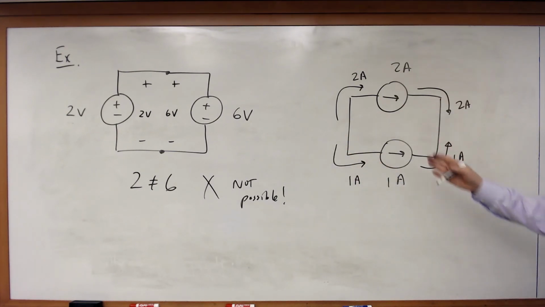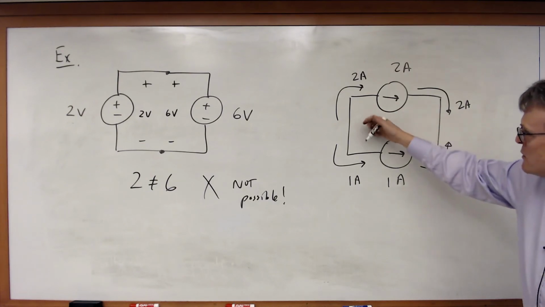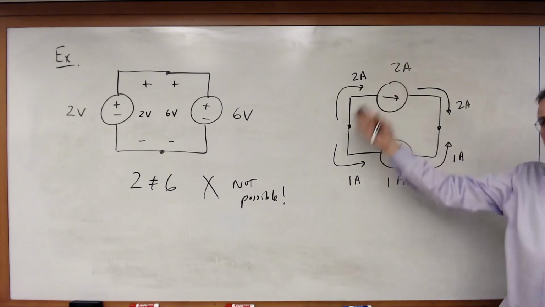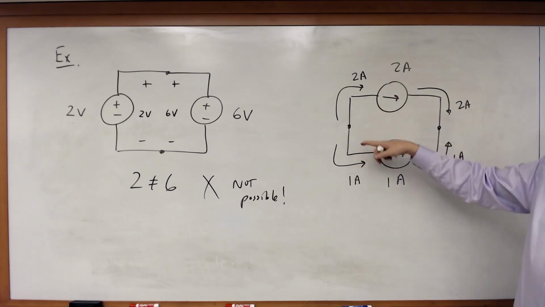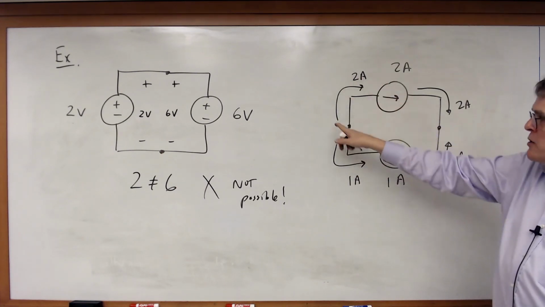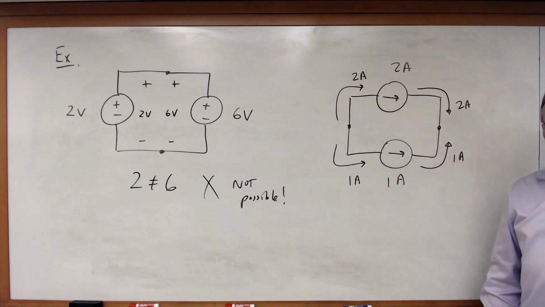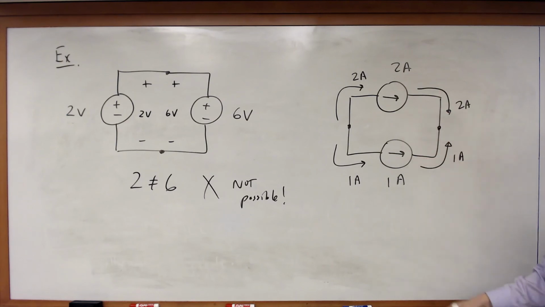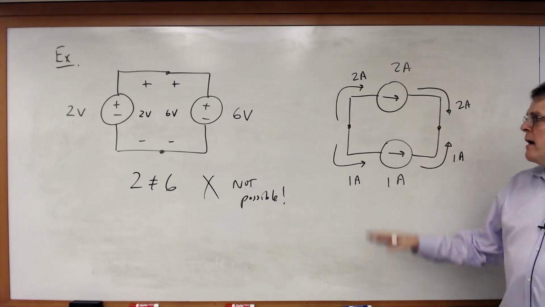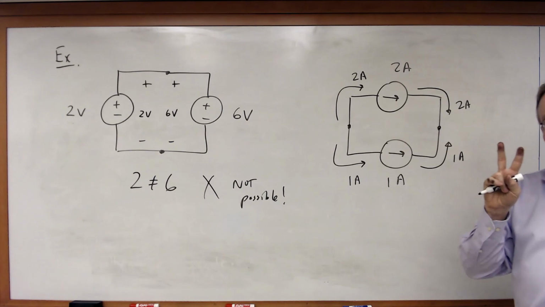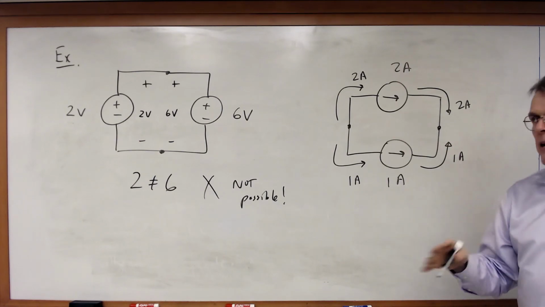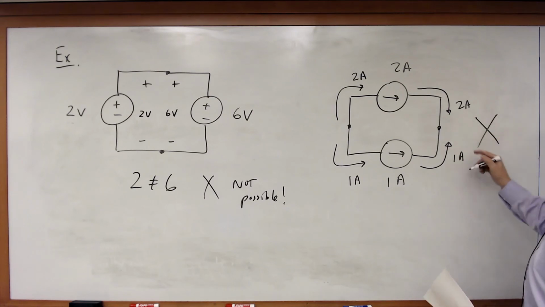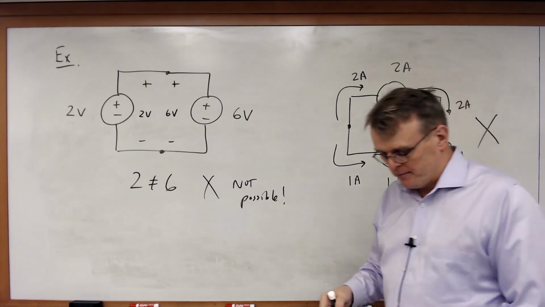There's only one problem. The current in these wires that I've connected these 2 sources together with has to be the same current. In other words, this is saying 2 amps in this direction is 1 amp that direction. Once again, that makes no sense. 2 amps is equal to 1. Again, I've connected 2 sources together, but it's not physically realizable. They are contradicting each other in terms of their behavior. So once again, this isn't possible.